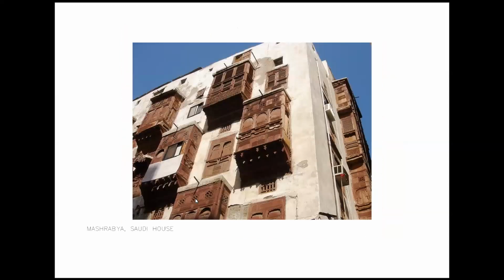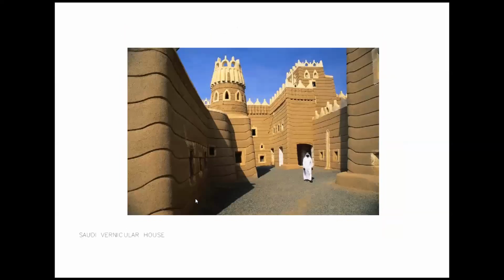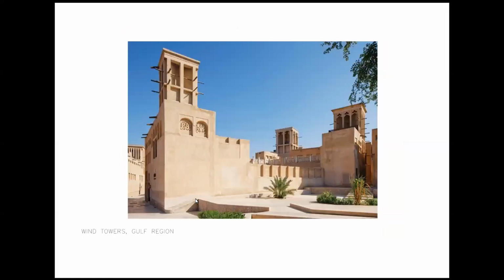Here we can see also the use of mashrabiyya in Saudi Arabia, the vernacular houses in Riyadh. They were also a very good kind of passive design. And in the end, the wind towers used in the Gulf region in general give the possibility to take advantage of the wind present in the region.